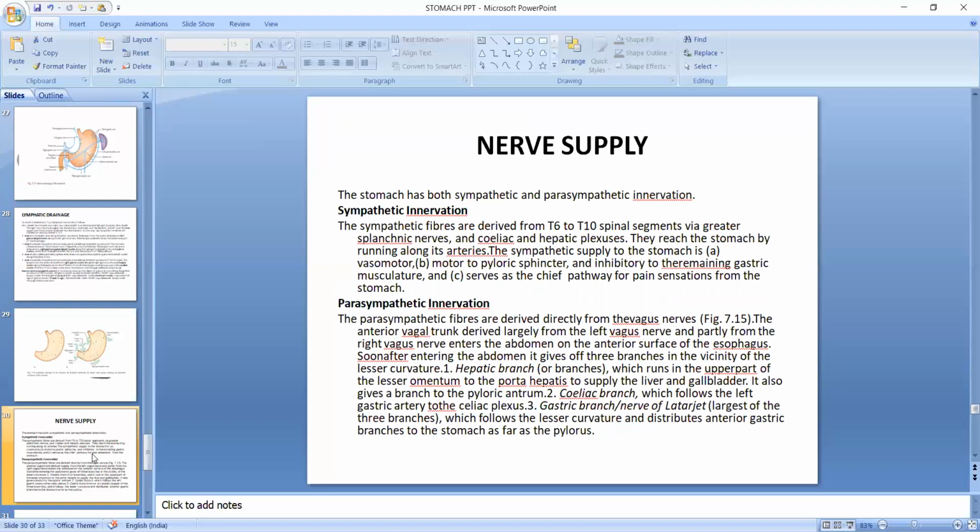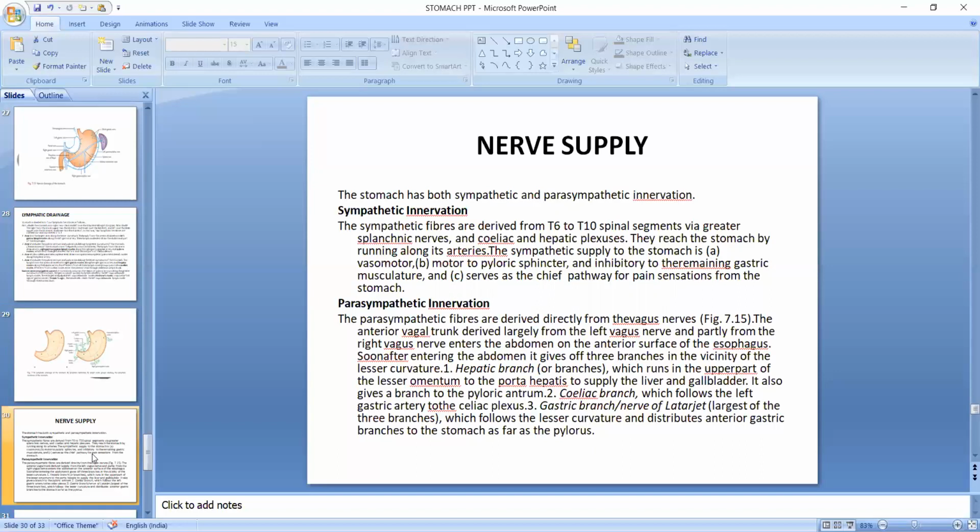The sympathetic supply to the stomach is vasomotor and motor to the pyloric sphincter and inhibitory to the remaining gastric musculature, and serves as the chief pathway for pain sensation from the stomach.